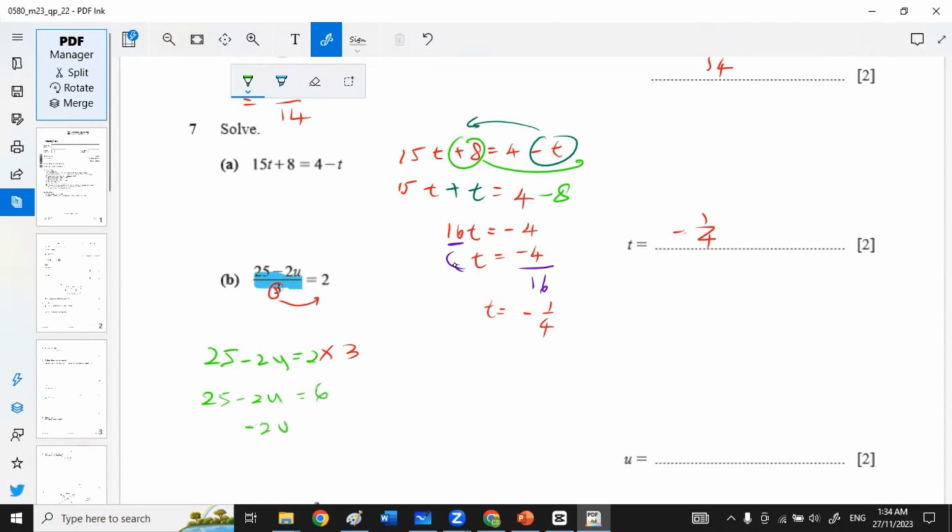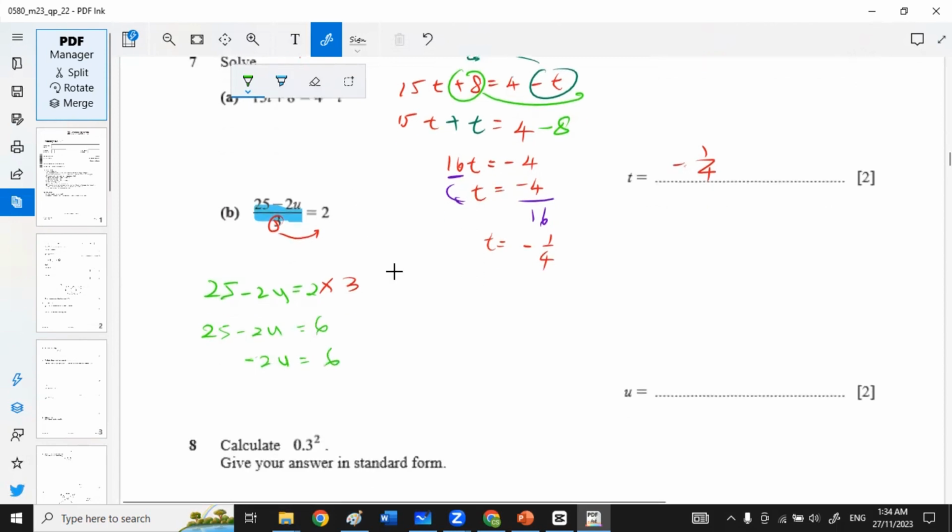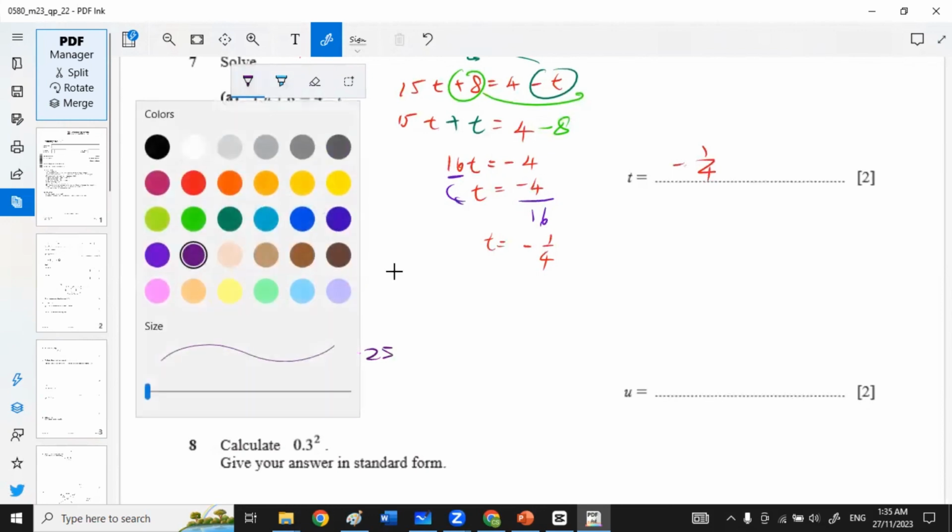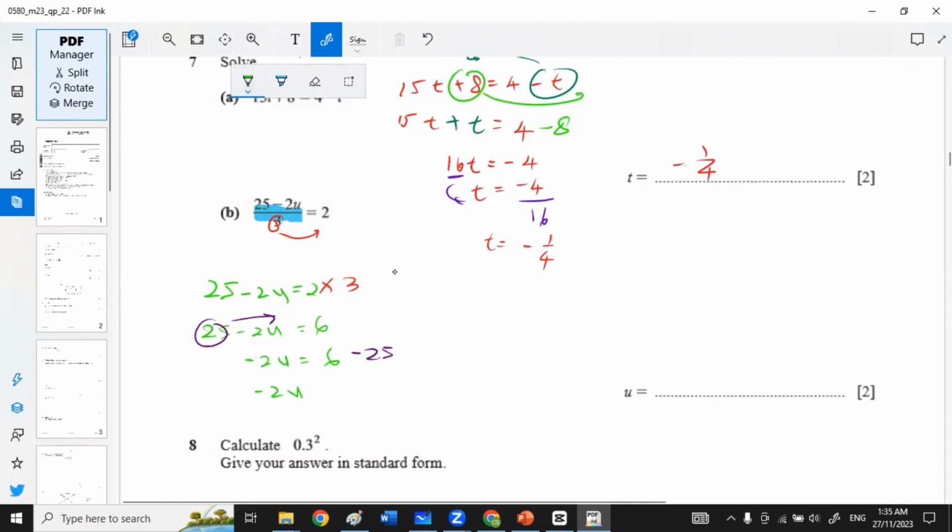So negative 2u equal to 6, the 25 is a plus. So bring to the other side, it becomes minus 25. Okay. So negative 2u equal to minus 19.